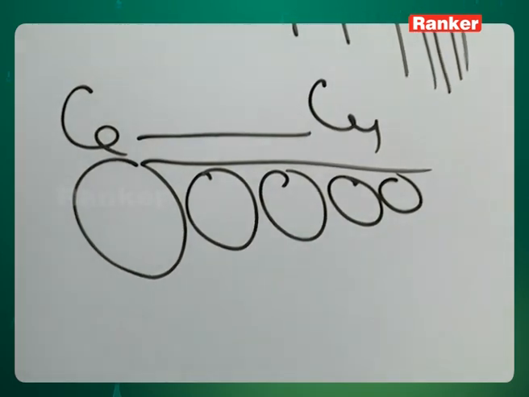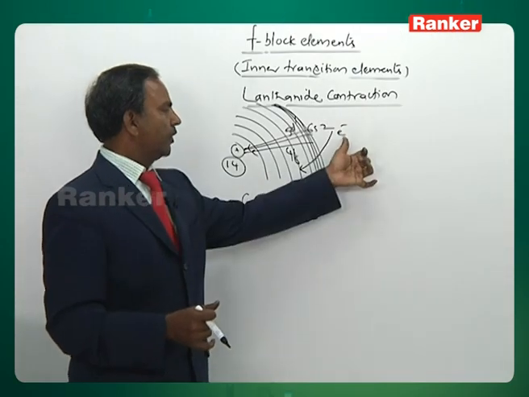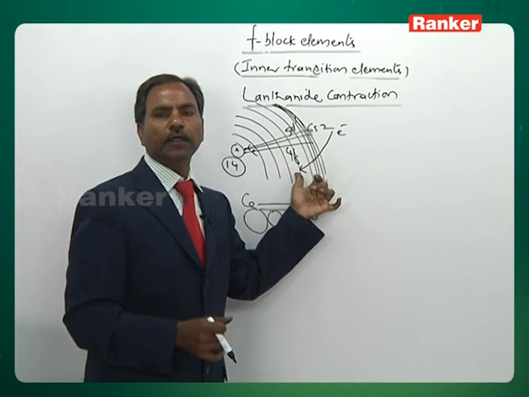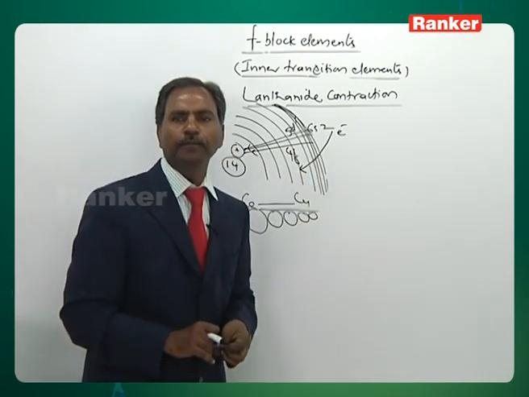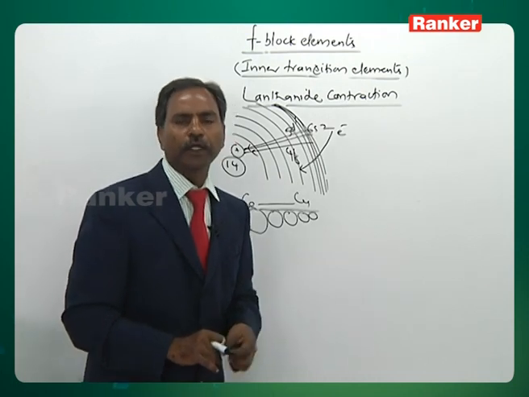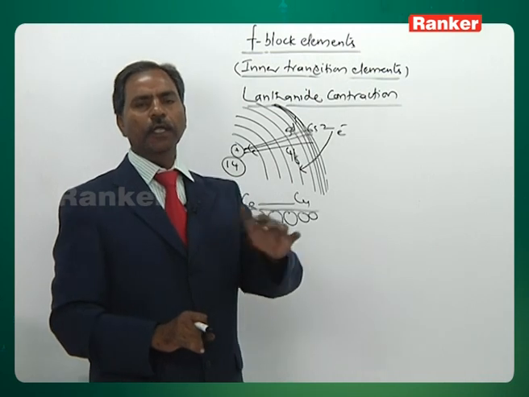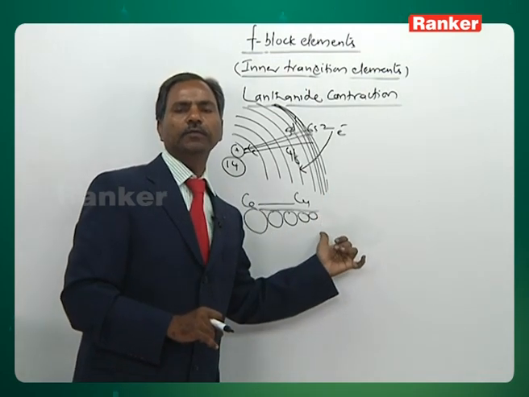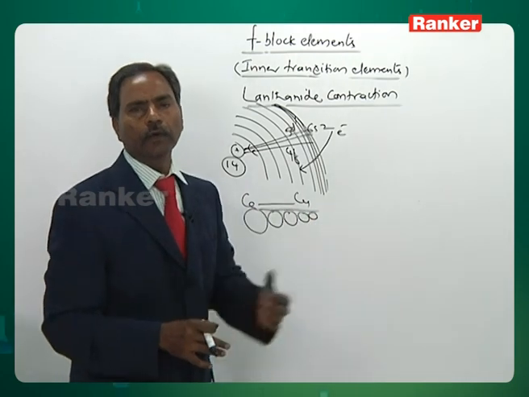Once again, let us listen to the actual definition of lanthanide contraction. In the case of lanthanides, the differentiating electrons are entering the f orbitals of the antepenultimate shell. As a result, there is an increase in nuclear charge by 14 units. In addition, f orbitals are poor shielders. Therefore, the nucleus attracts the outermost orbital electron towards itself.